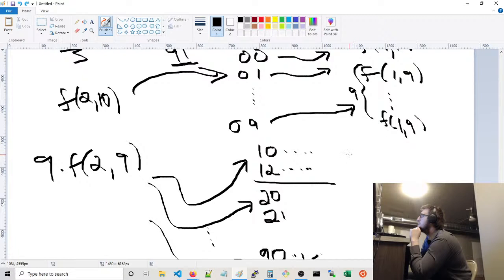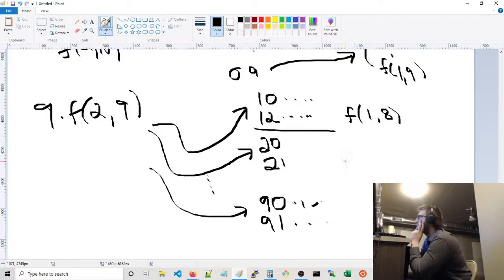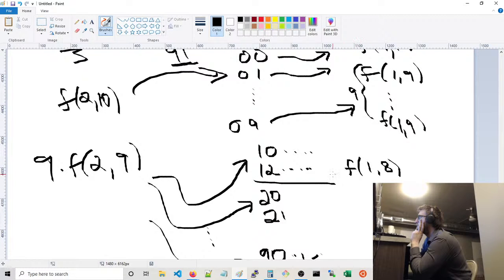The problem here is that for this one you could pick 1 of 8. You could pick 0 through 9, excluding 1 and 2, which is 10 minus 2.